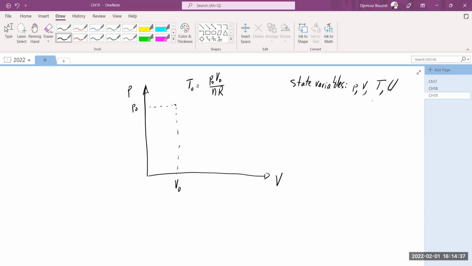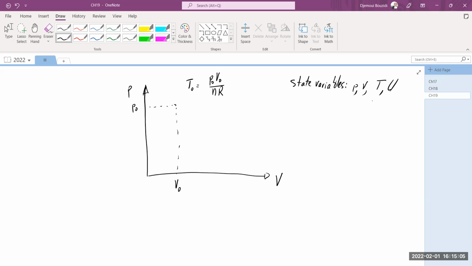The energy is still a state variable, meaning it's known exactly for every given point. Since I know the pressure, the volume, and the temperature, I also know the energy. So these are state variables, meaning they are known exactly for every given point on this PV diagram. There are not two of them at that point. There is only a unique value there. That's why they are called state variables.